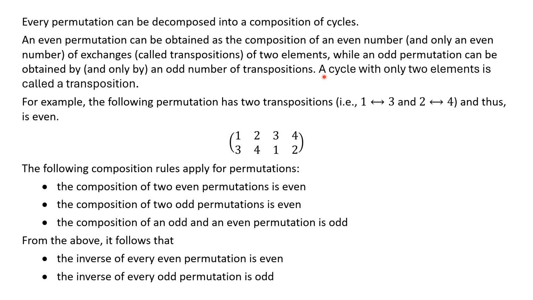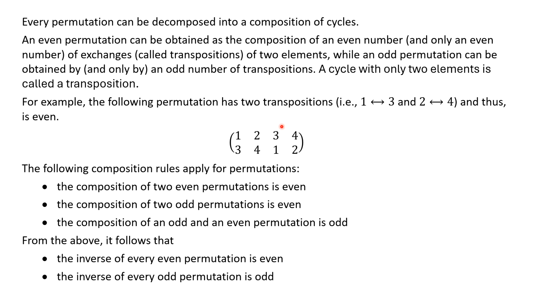By definition, a cycle with only two elements is called a transposition. So the key idea here is that there may be more than one way of representing an even or an odd permutation in terms of transpositions. It always has to be an even number of transpositions that represents an even permutation and an odd number that represents an odd permutation.